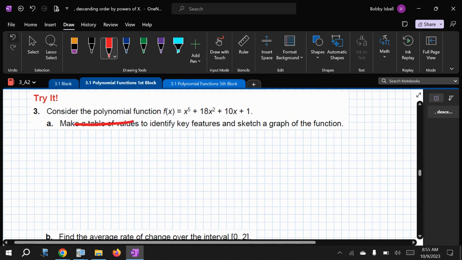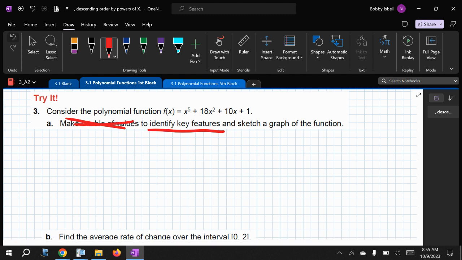I ain't worried about making a table of values. Let's identify the key features of this graph. And you don't have to draw the graph if you want to just use the calculator to draw the graph, but let's identify those key features.